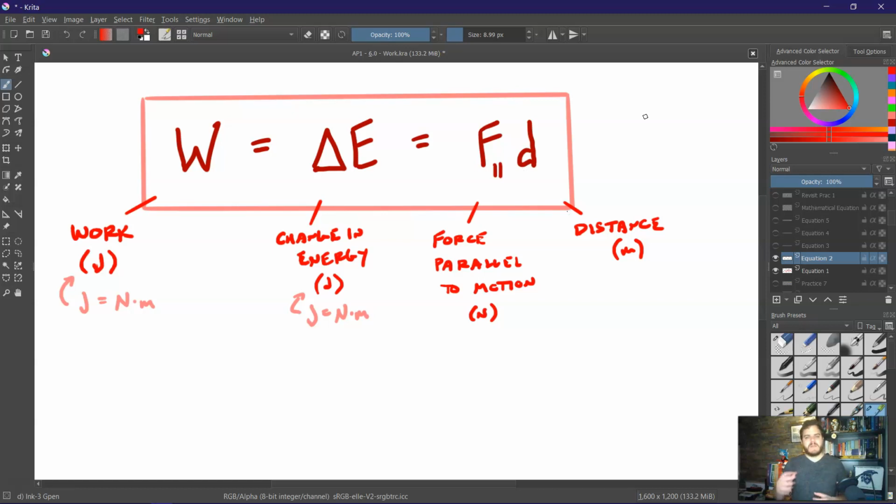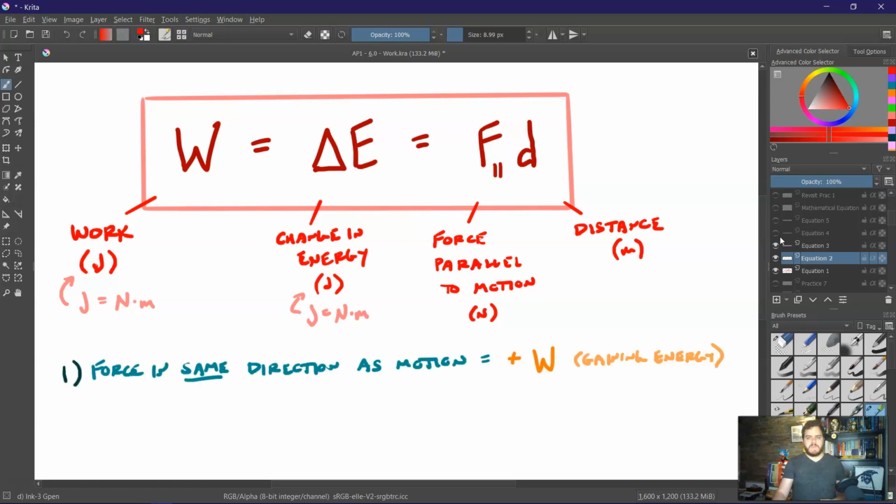So really, it's the force parallel to motion in newtons times distance. We only care about forces that are parallel to the direction of motion, because those are the ones giving the object energy.